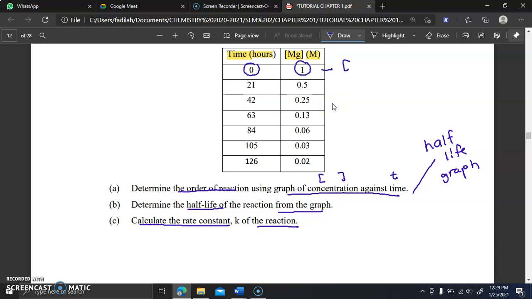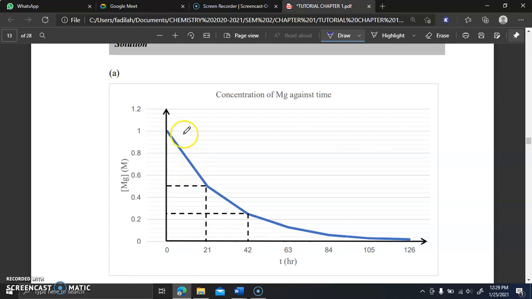So ini adalah actually a note, initial concentration. And then half-life is when the initial concentration becomes half. So half from 1 is 0.5. So here is the 0.5. So you have to cari point on the graph, and then at this value, you dapat 21 hours.